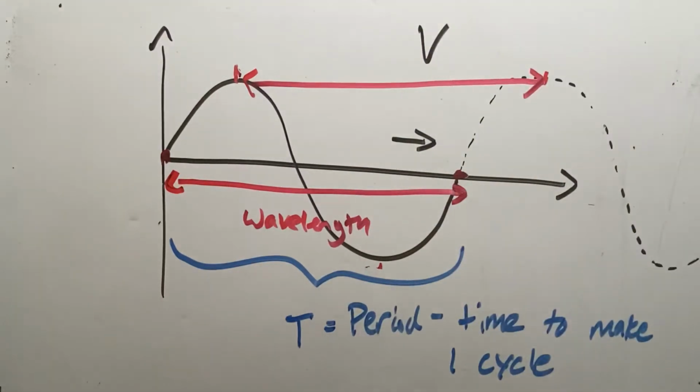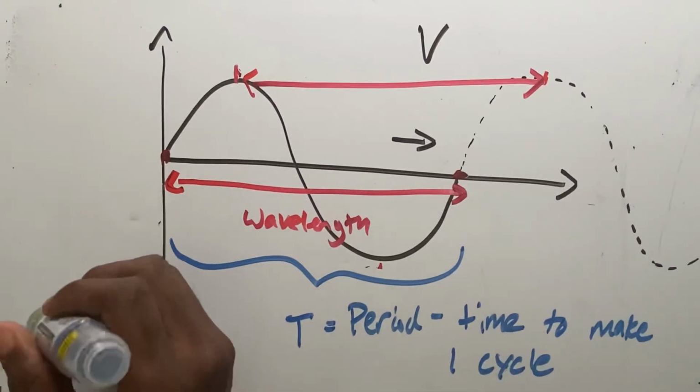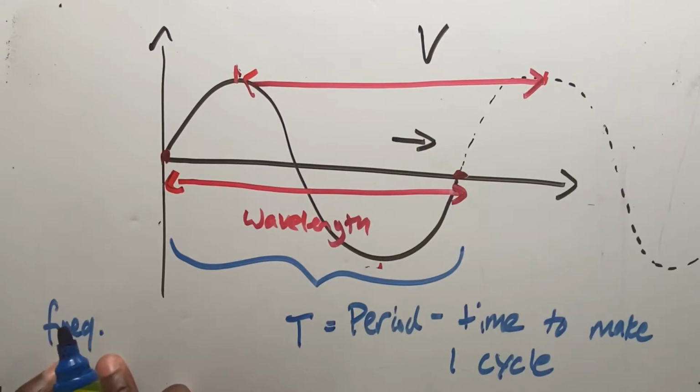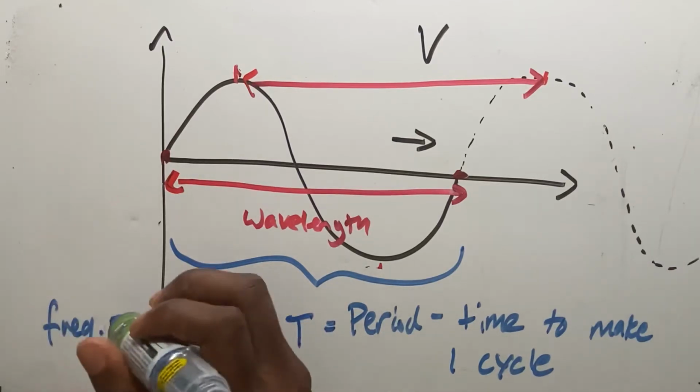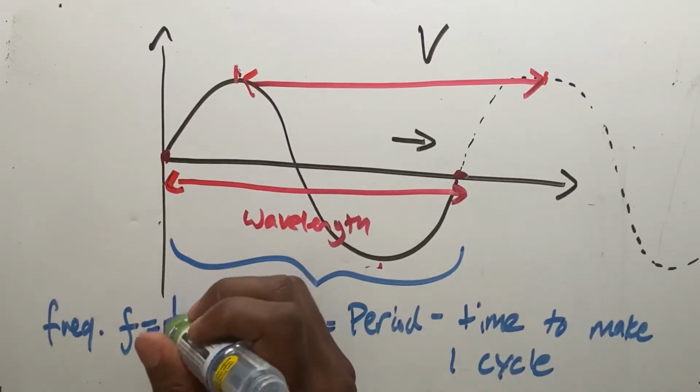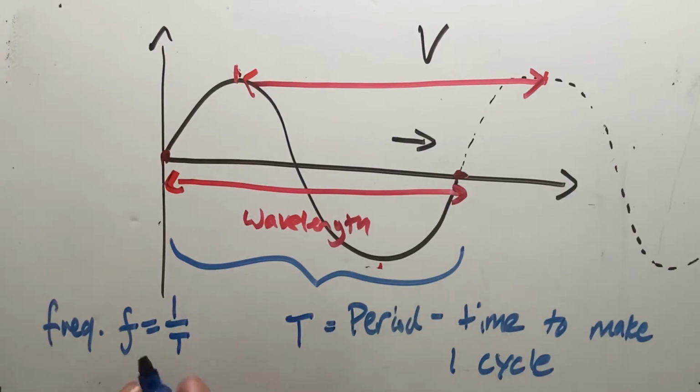So the frequency is given by, right over here, frequency, and we usually use an f to represent that. Frequency is equal to the reciprocal of the period, so 1 over the period gives you the frequency.